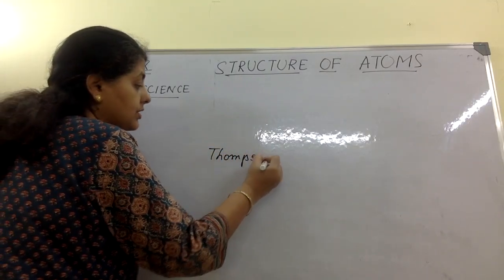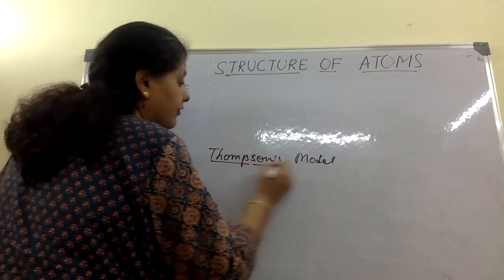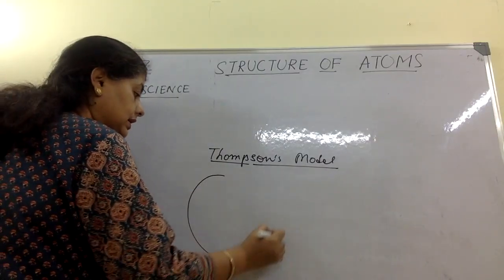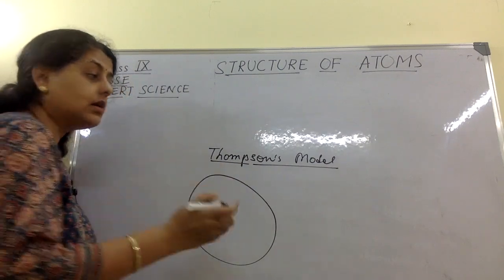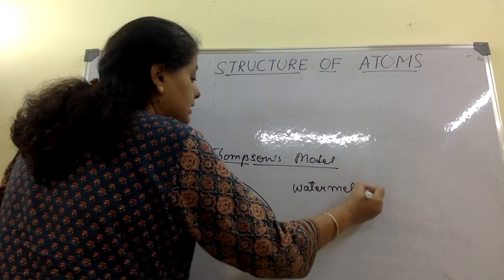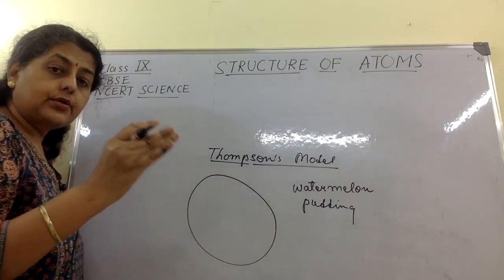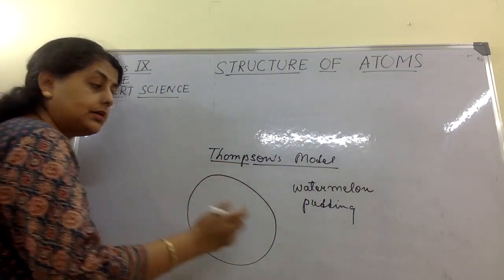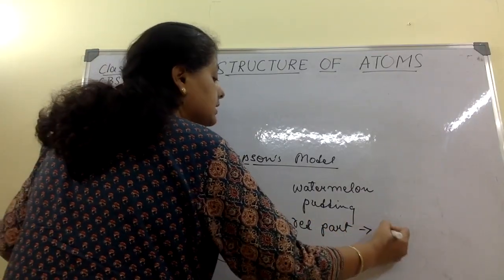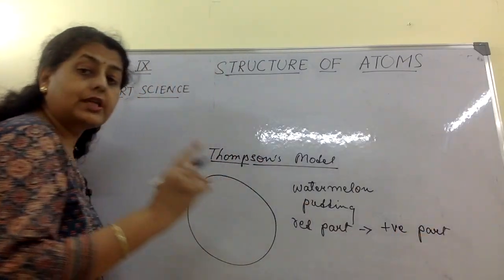So Thompson. What did Thompson say? Thompson's model of an atom. Thompson had stated that the atom is like a watermelon, or like a pudding, or maybe a cake, where the entire red part of the watermelon, he said, is the positive part of the atom.